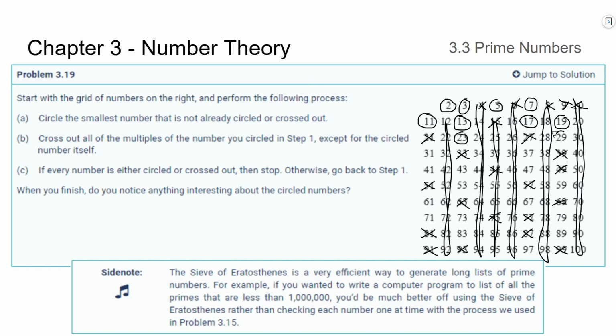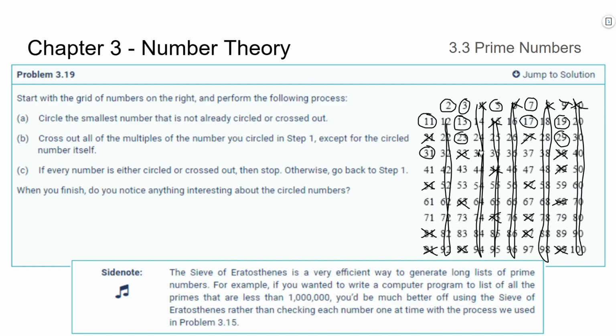Okay, so then 29. So instead of it being 30 plus 30, which would be 60, it would be 58. That's taken care of. 86 would be next, and then over 100. So then 31, and then we have 62, and then 93 is already crossed out.